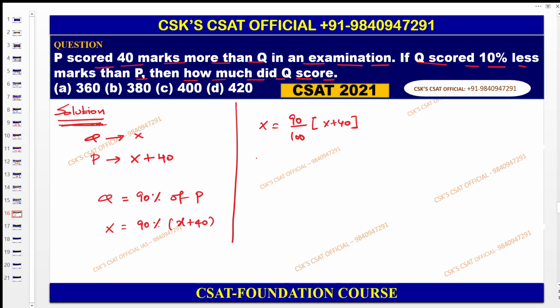Cross multiply: 100x equals 90 into the bracket, so 90x plus 40 into 90, which is 3600. Rearrange: 100x minus 90x will become 10x, which is equal to 3600. Then the 10 gets cancelled. Therefore x is equal to 360. Answer is 360. Got it?